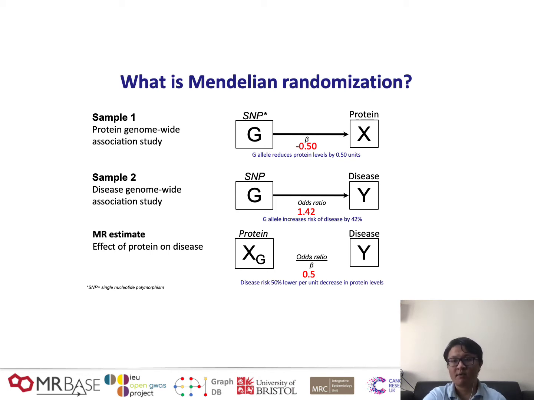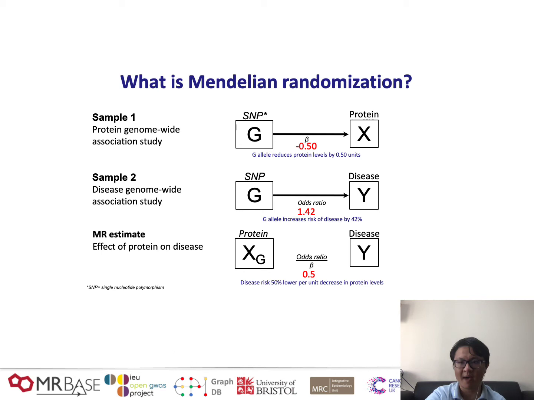In Mendelian randomization, we combine the SNP-protein and the SNP-disease effect estimates to infer the effect of the protein on disease. In the example, the protein level decreased by 0.5 units per G allele in the protein GWAS, and disease risk increased by 42% per G allele in the disease GWAS.